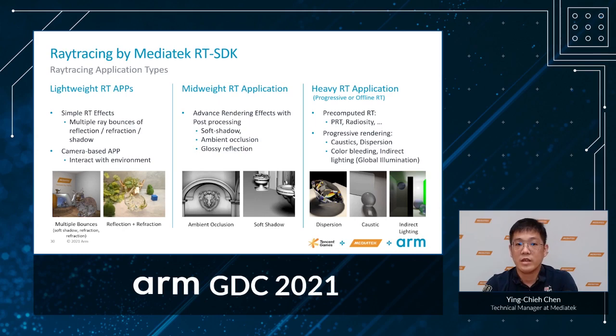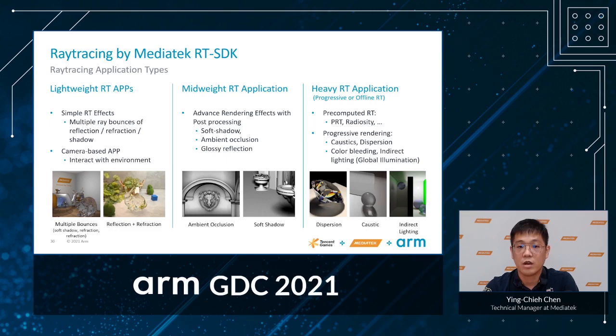The last one is the application with heavy computing. We expect that the ray trace effects are pre-computed or shown progressively. Lots of pre-compute technologies were developed in the past decade, such as precomputed radiance transfer, radiosity, and so on.